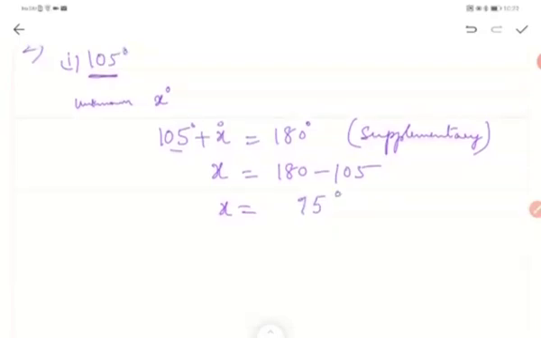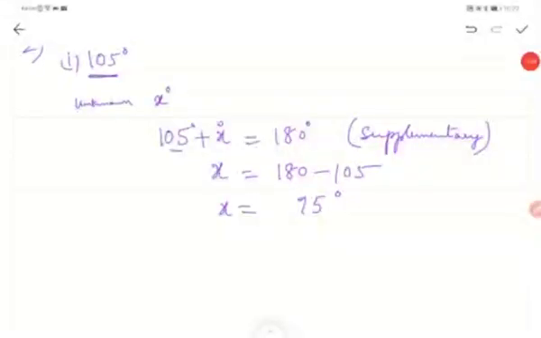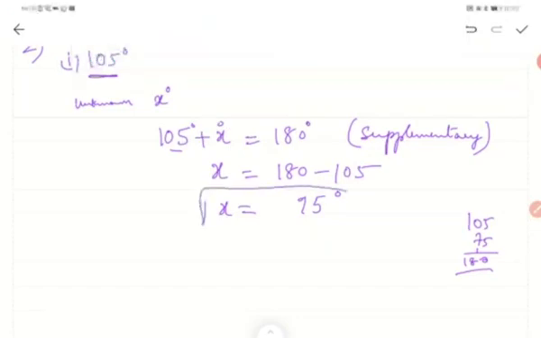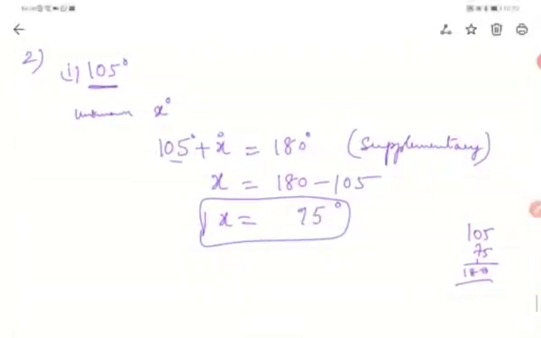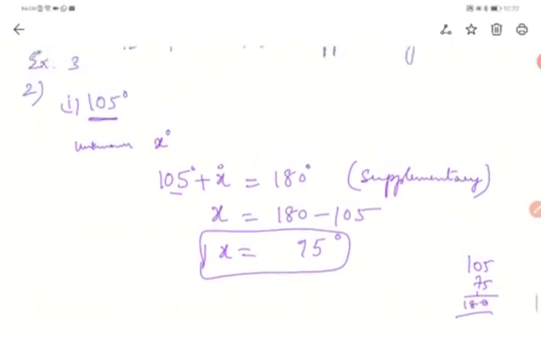So the supplementary pair for 105 is 75 degrees. You can verify: 105 plus 75 is 180 degrees. The rest are for your homework. Do it in your class book for exercise 3.